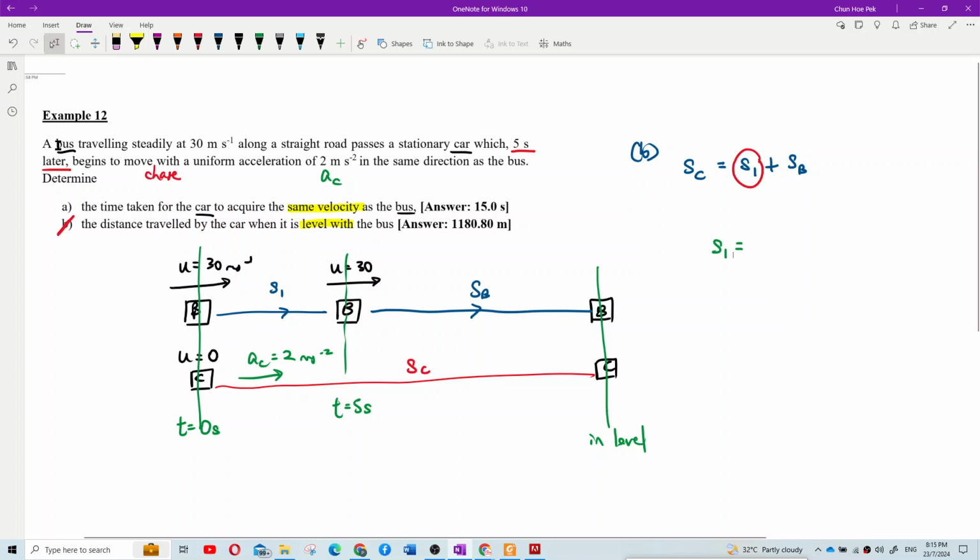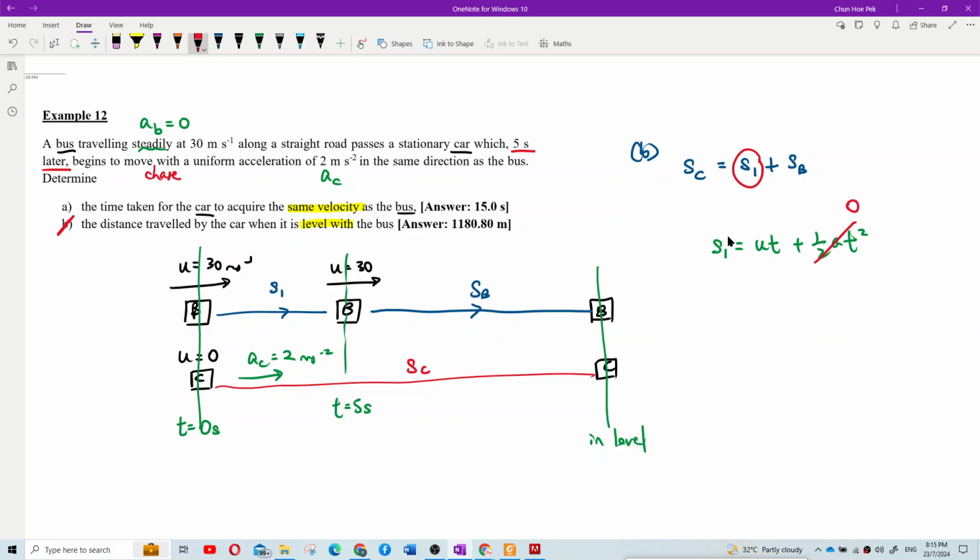The bus travels steadily. That means the acceleration of the bus is 0. So the bus has no acceleration, just a constant velocity. So you just put s equal to ut plus half at square, but the bus has no acceleration, so just s equal to ut.